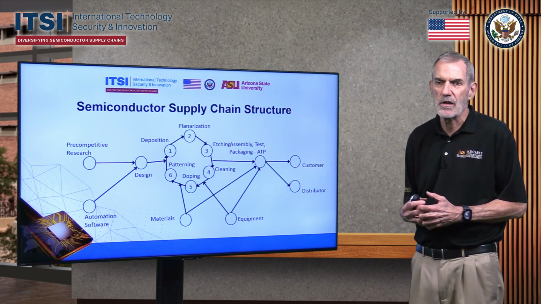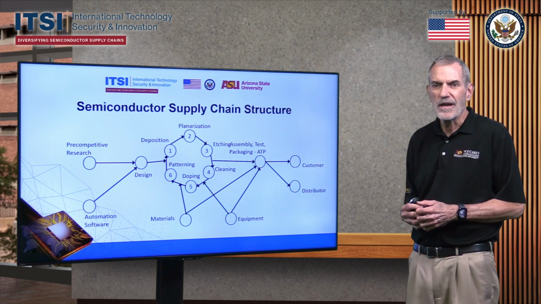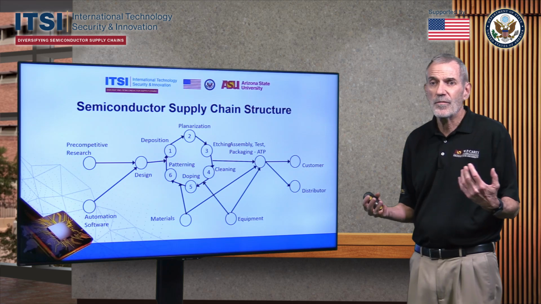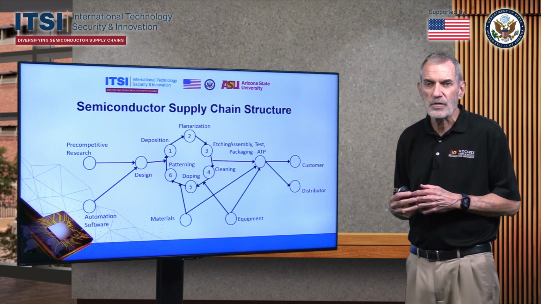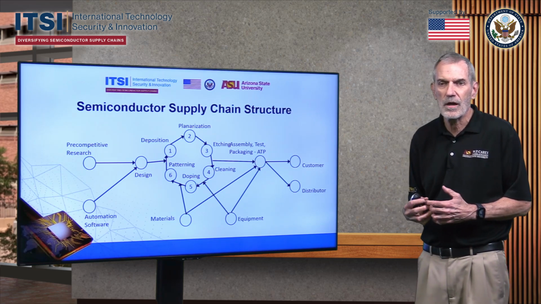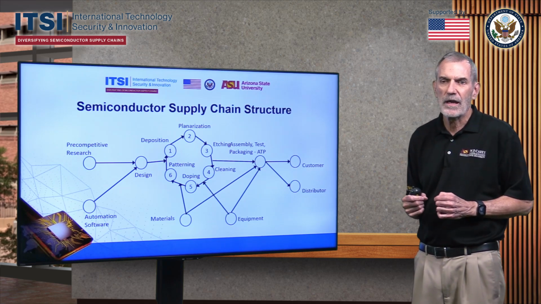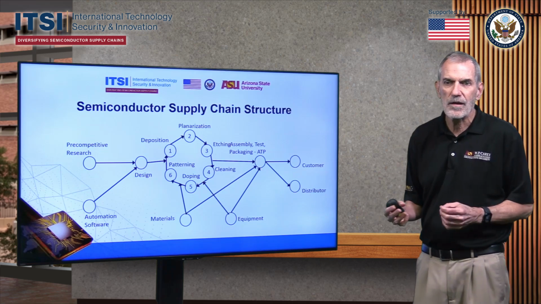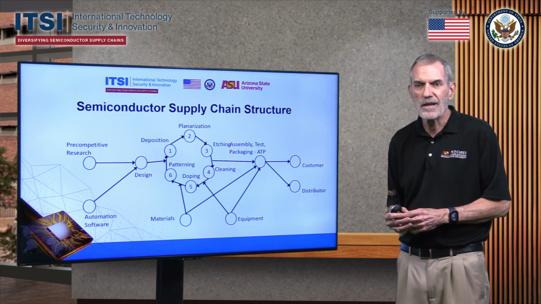The classic example these days would be the extreme ultraviolet photolithography equipment, which was actually started probably 25 to 30 years ago by this pre-competitive research, where Intel and almost all the major semiconductor companies got together and said, we're going to need this at some point to make our really advanced computer chips. So they got together to work on that. Ultimately, it ended up becoming a product by ASML in the Netherlands.